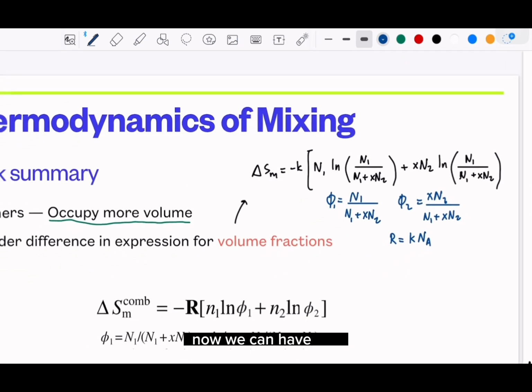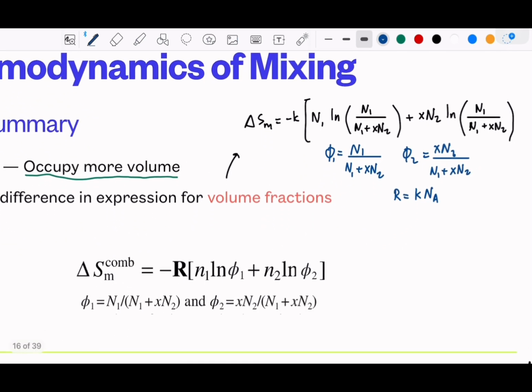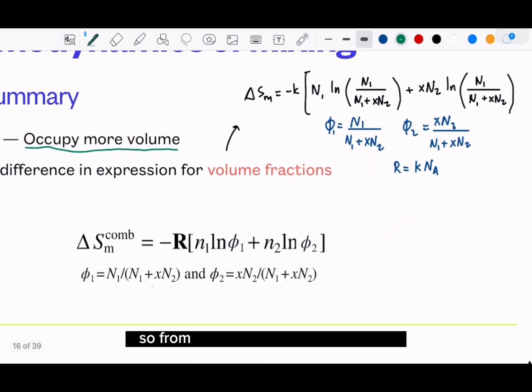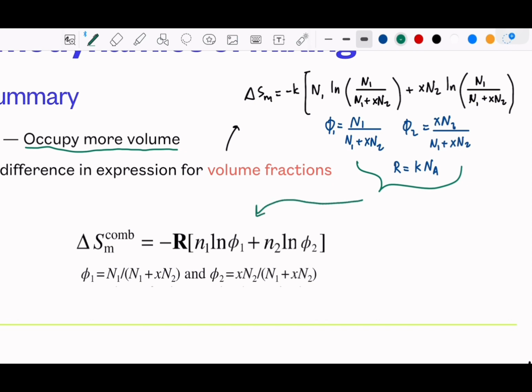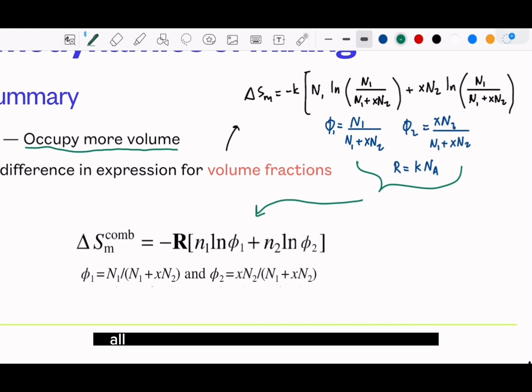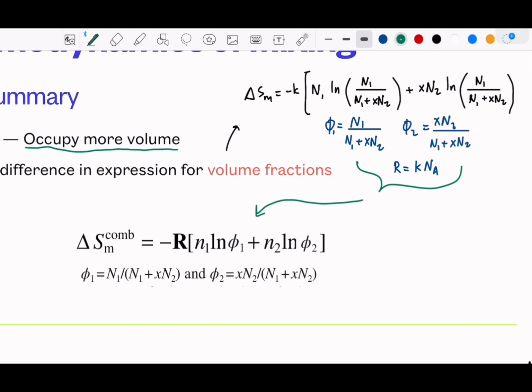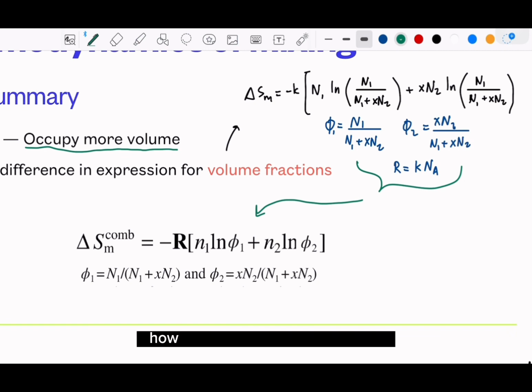Now we can have this formulation. So from here we get the formulation in which the formula is taken from here. So for the volume fractions, all the N2 will be multiplied with x, which is the monomer number, how many monomers in the solution. So we are going to relate closely the chain with its repeat units.